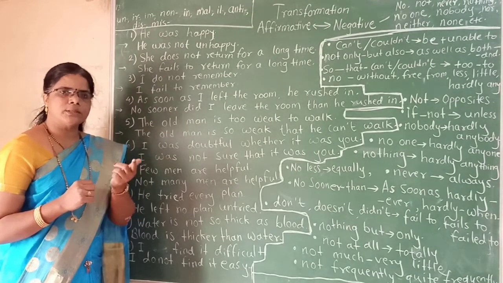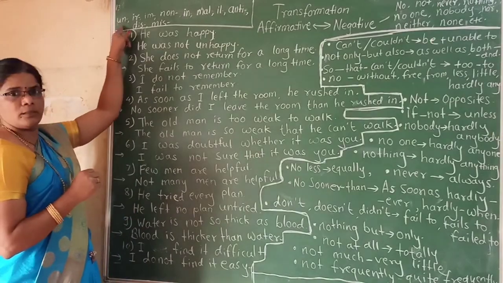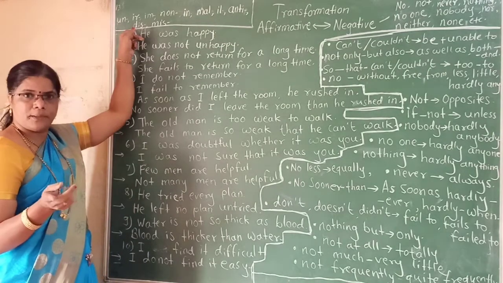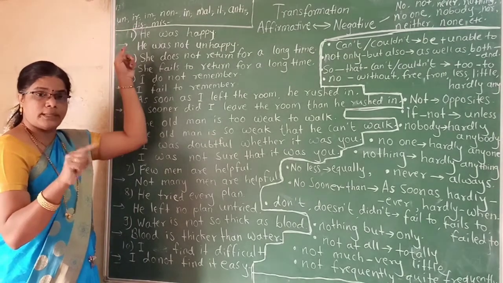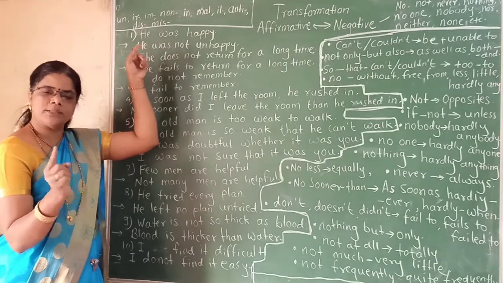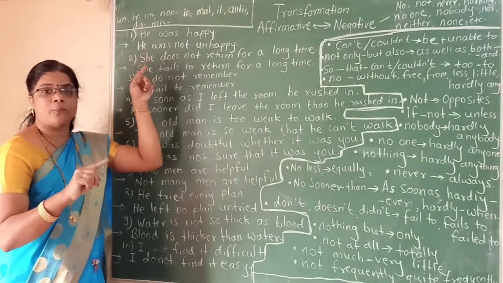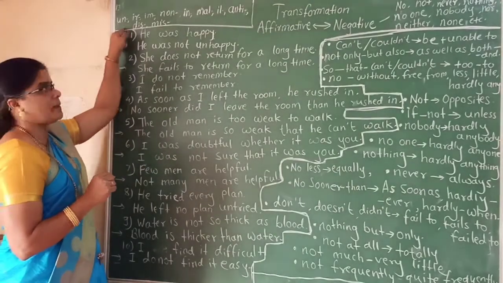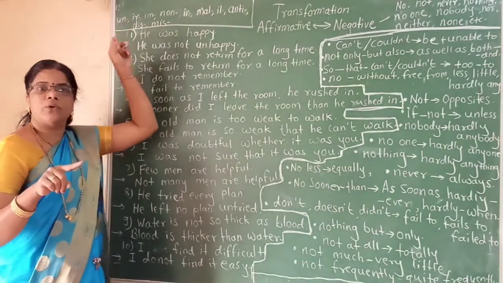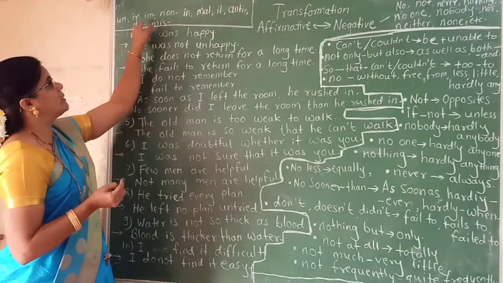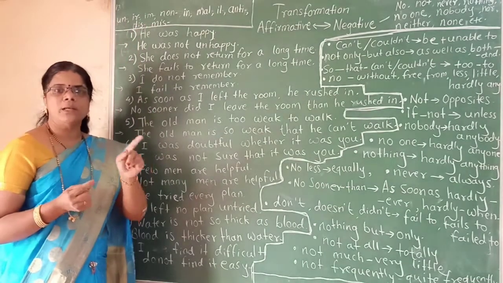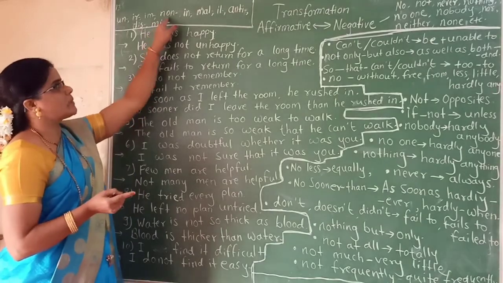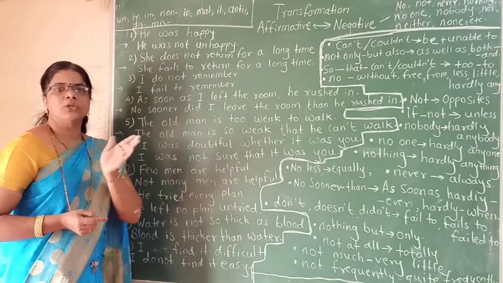How can we use it? For example, un, happy, unhappy. See here, happy, adjective. Unhappy, it is also an adjective, but it is the opposite of happy. So here, happy, unhappy. Regular, irregular. Here, possible, impossible. The next one, non, valence, non-valence.